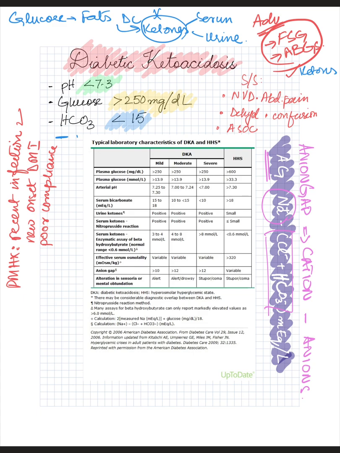The usual value is 12 if we do not include potassium, as we haven't in this equation, or if we include potassium over here, the value becomes 16. So with this equation, without potassium included, if the anion gap turns out to be greater than 12, it means that the patient could have a moderate or severe DKA.